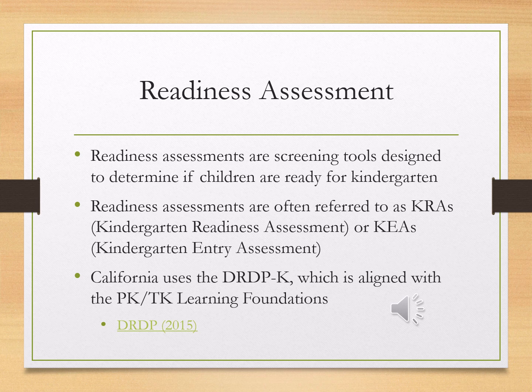So if you work in state-funded preschool, you are probably familiar with the DRDP already, which is the Desired Results Developmental Profile, which is what we use when children are in our preschool classrooms that are state-funded to determine how well they are acquiring the developmental milestones or the foundations in the preschool learning foundations document.